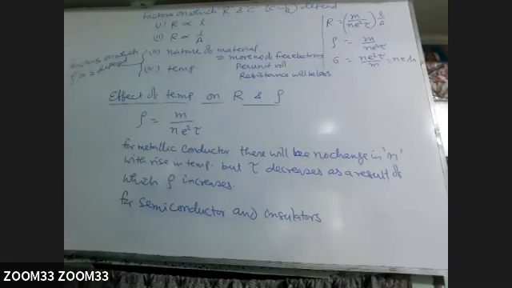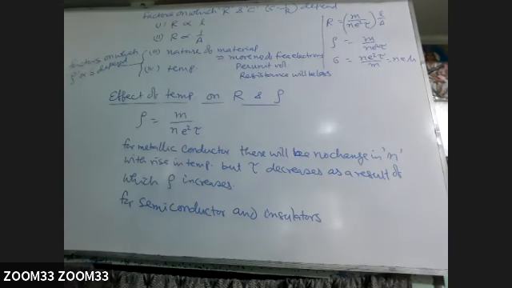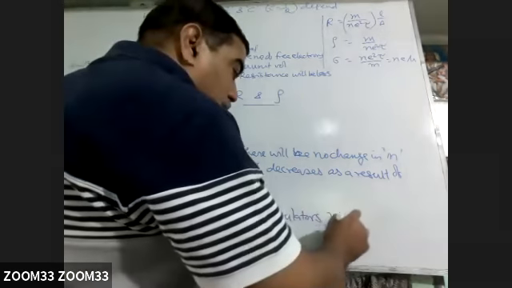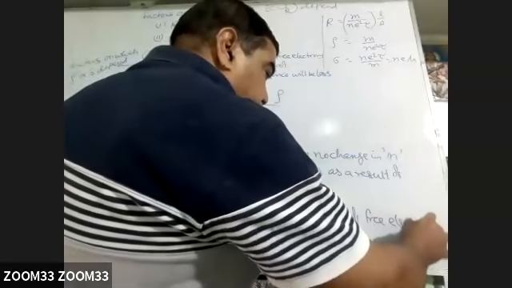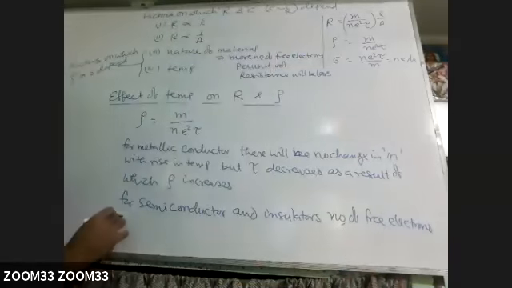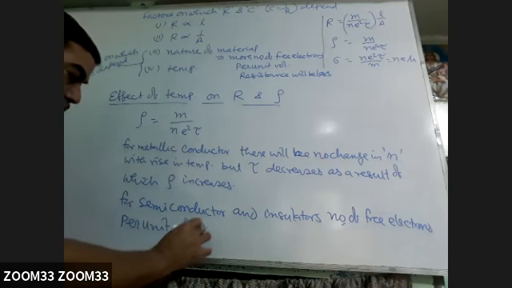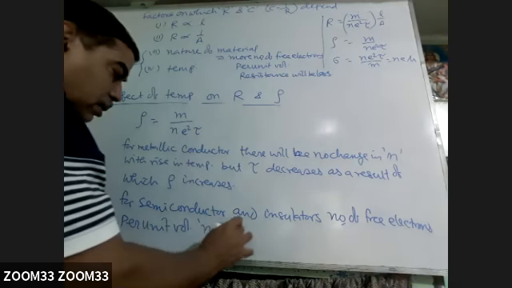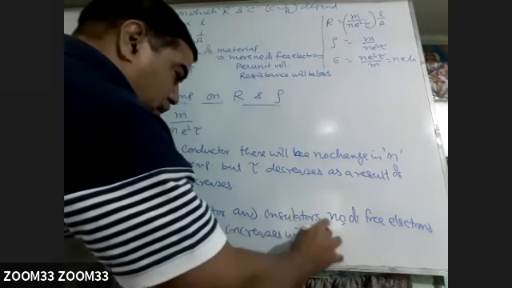More electrons come to the, we call it, valence band. That is, more electrons will become free with rise in temperature. So for semiconductor and insulator, the number of free electrons per unit volume increases with rise in temperature.